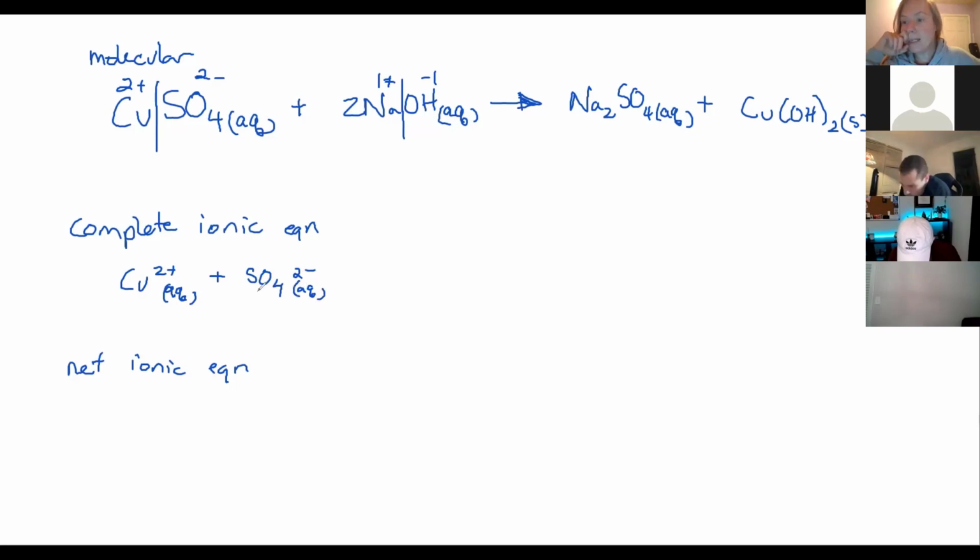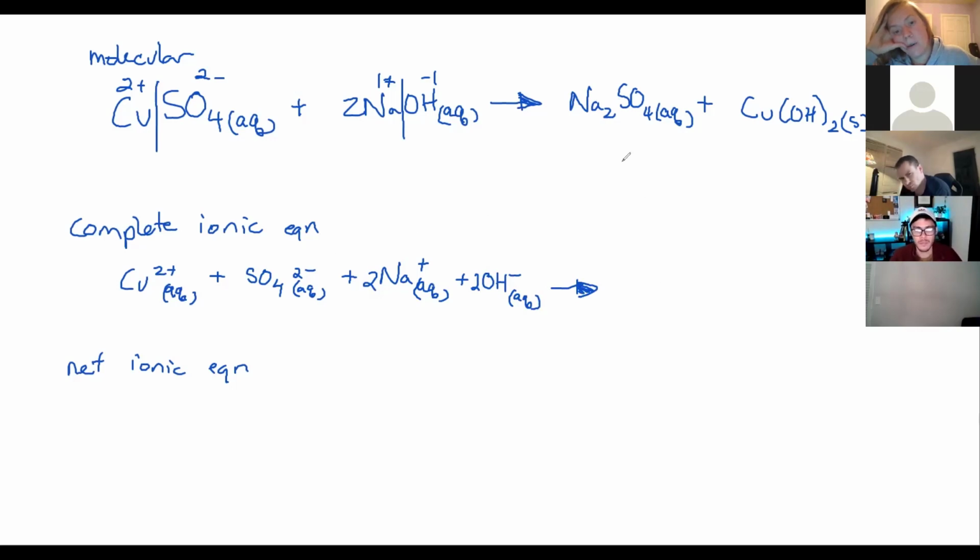Remember, your polyatomic ions stay together. We're going to add this to sodium, which is Na with a + charge. There are 2 of them because there's a 2 sitting in the front, and this is aqueous. Plus the OH-, and there's also 2 of those, and that thing is aqueous. All right, we're going to equal that out. So whatever's on this side needs to equal whatever's on that side.